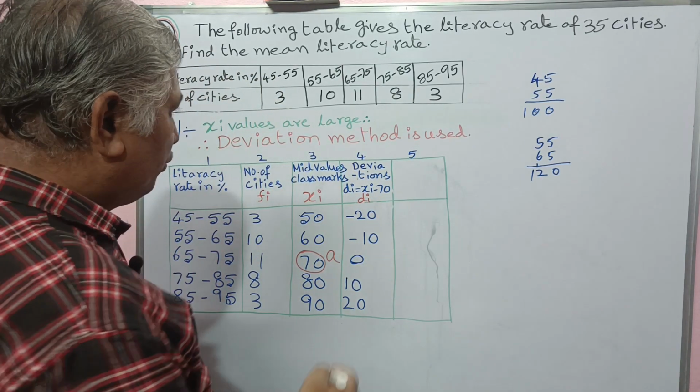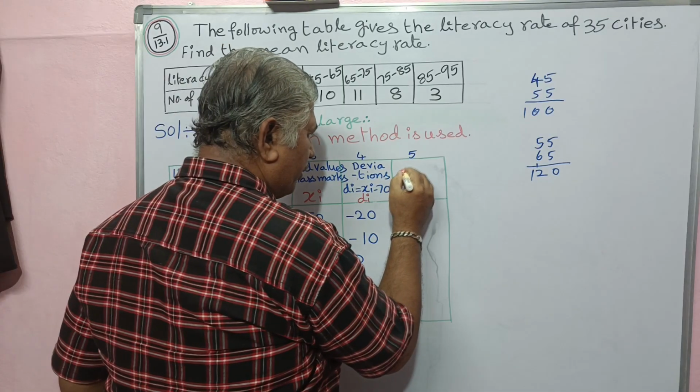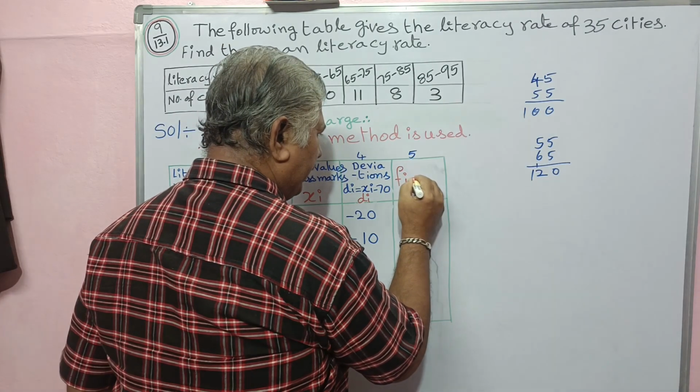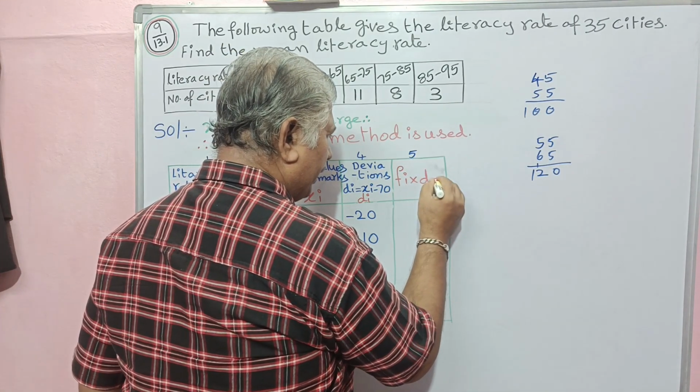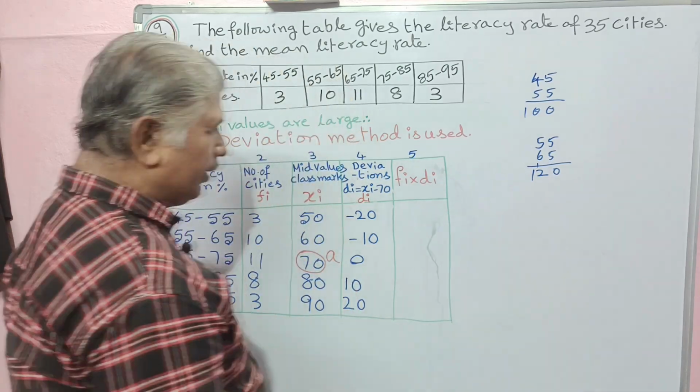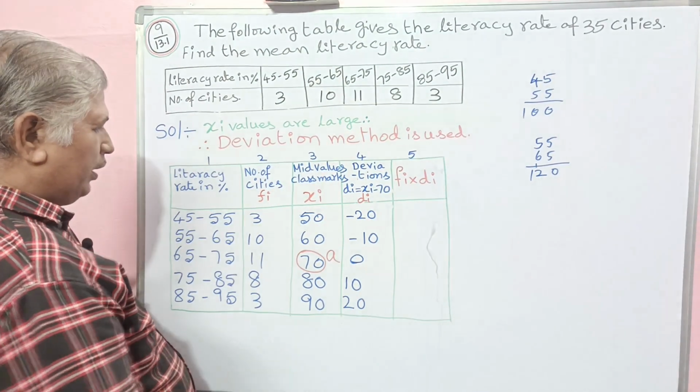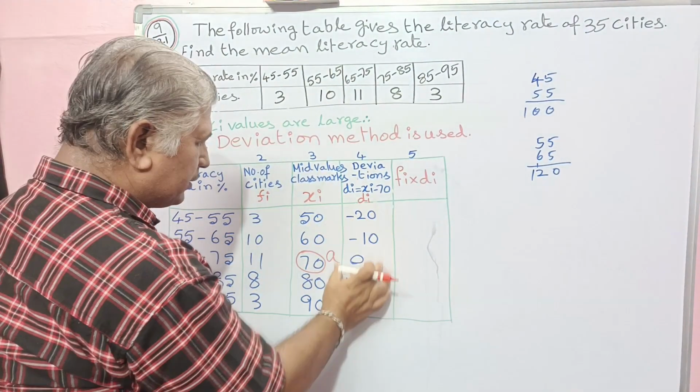Now, the fifth column is Fi into Di. Fi is there and Di is there.